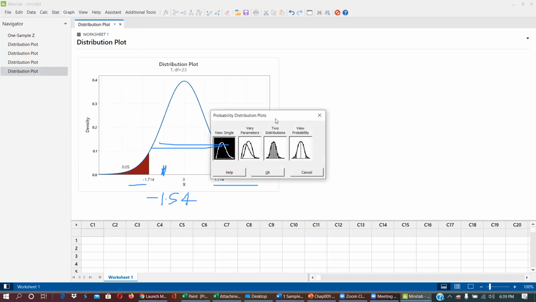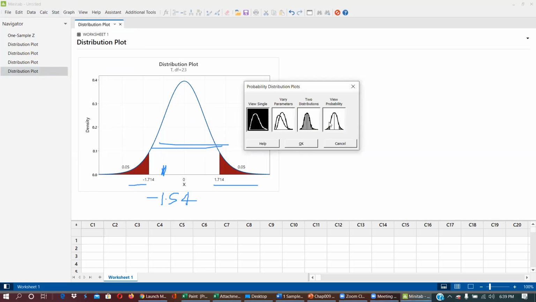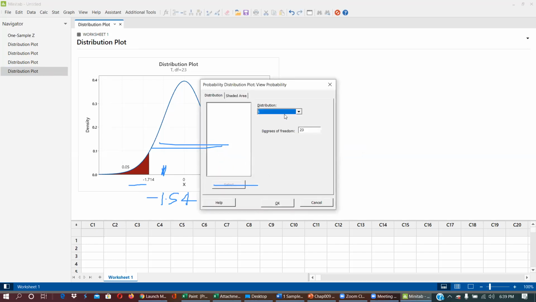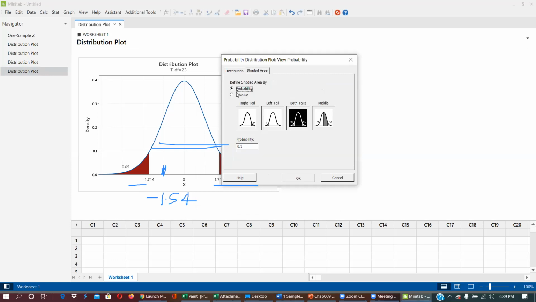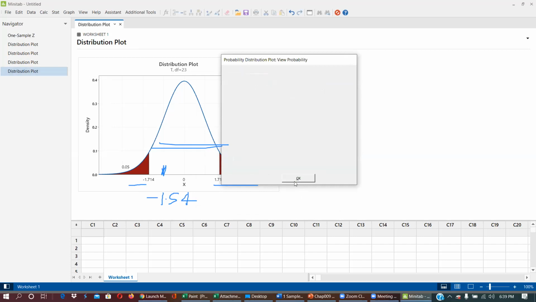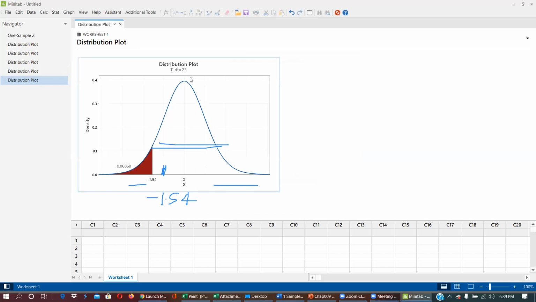In the probability distribution here, let me go with t and degrees of freedom 23, and x value minus 1.54. How much? 0.0686.